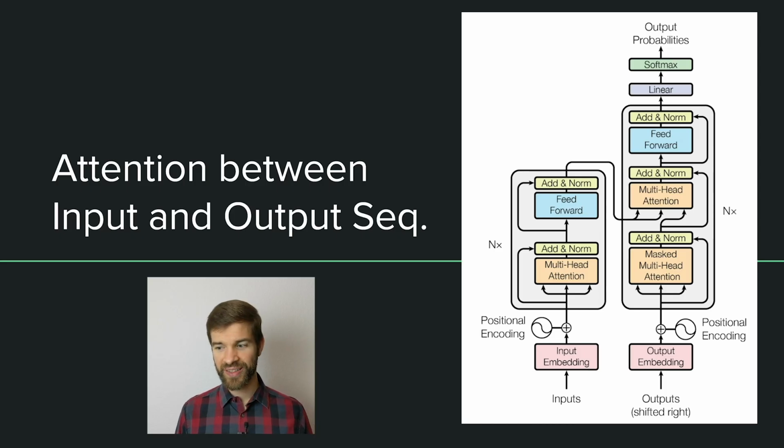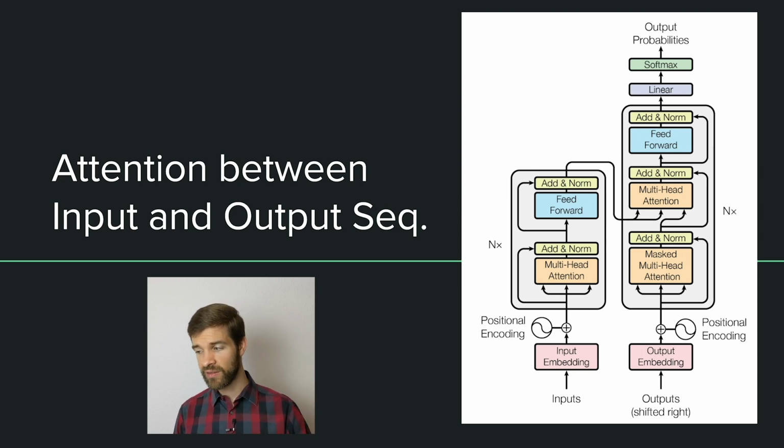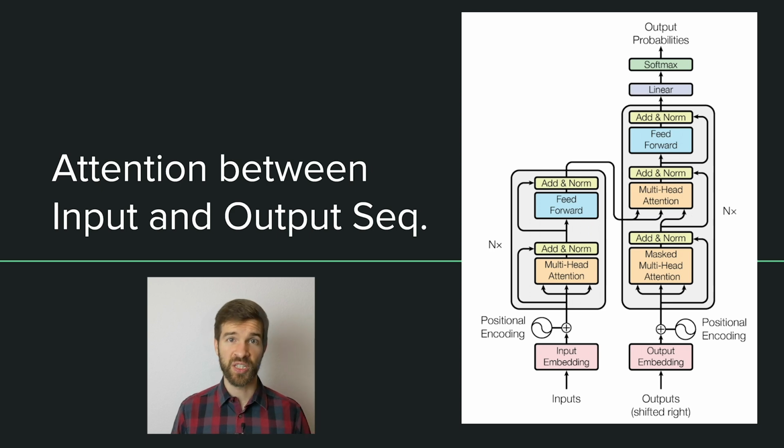Now there is one last attention block that we can see in this model, and that is the secret source that connects these two things. So we have our input that gets encoded in a meaningful way. Then we have our first attention mechanism, which says how words relate to each other. We go to this hidden representation, and then we do the same for our output sequence.